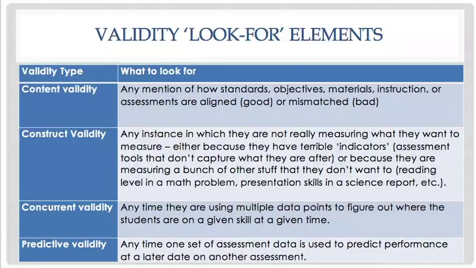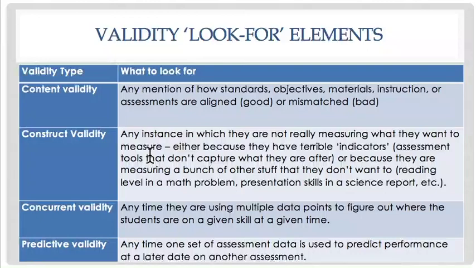However, if I throw some high-level vocabulary in there, complex sentence structure, and so on, I have now caused a construct validity issue. Say I printed it in a different language, right? That's an extreme example. But now I'm not going to be measuring your ability to solve the math problems per se, but I'm going to be measuring your ability to read Swahili or Japanese or something like that.